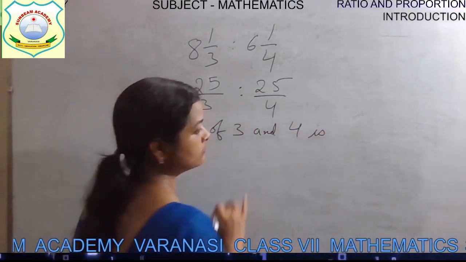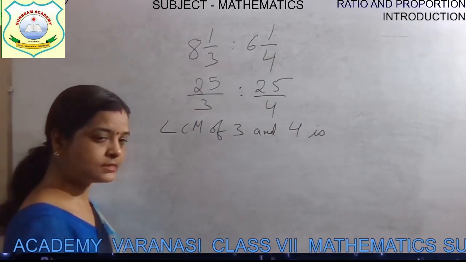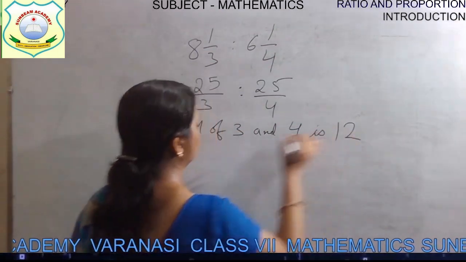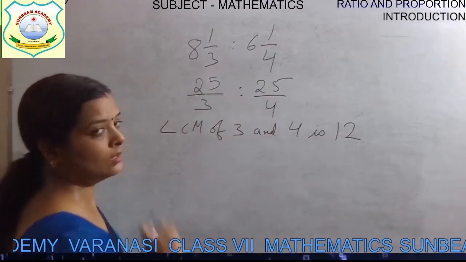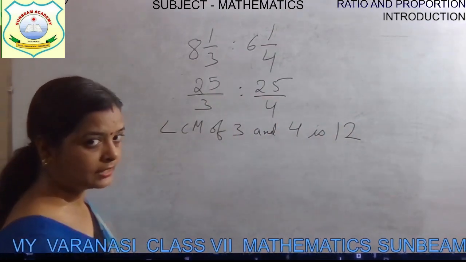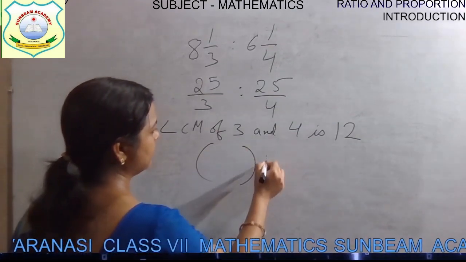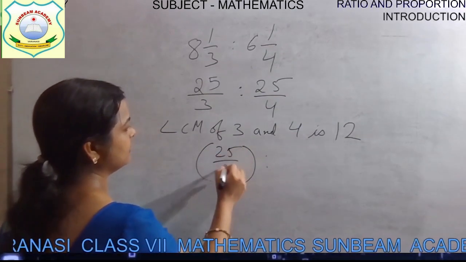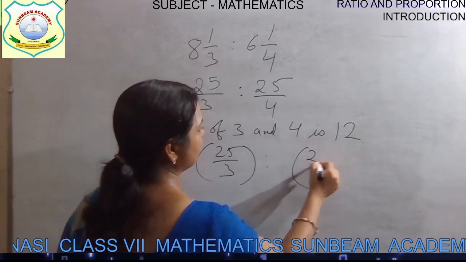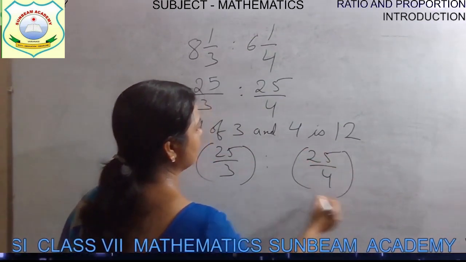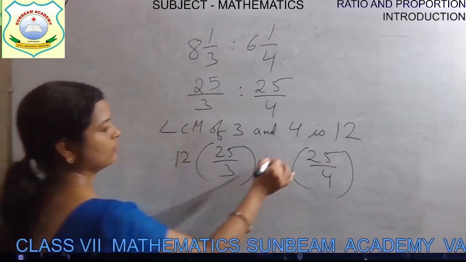What is it, children? LCM of 3 and 4 is 12. Now multiply both the first term and the second term of the ratio by the LCM. So I will multiply 25 by 3 and 25 by 4 with their LCM. LCM is 12. Multiply.